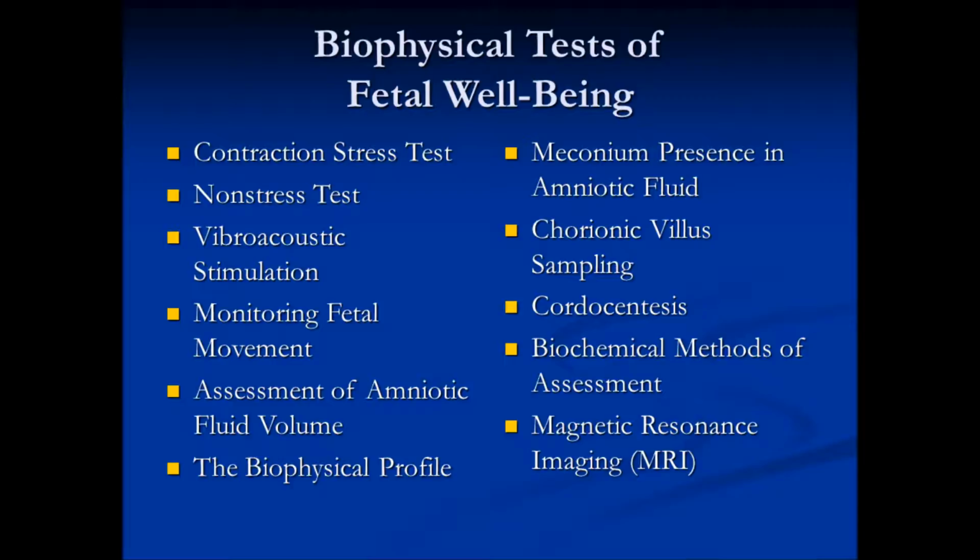The next assessment is meconium presence in the amniotic fluid. We've talked about this already, but meconium is just a thick, dark greenish stool found in the fetal intestines, and the passage of it, when baby has its first poop, occurs about 40% of the time in post-term fetuses.